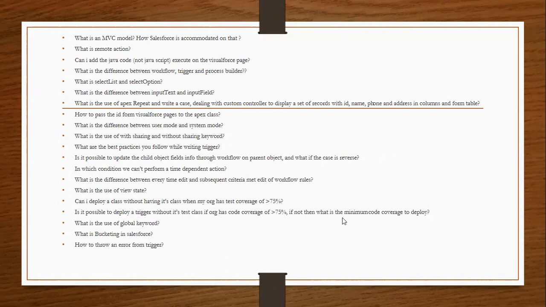If not, what is the minimum code coverage to deploy? What is the use of the global keyword? What is bucketing in Salesforce? How to throw errors from the triggers?